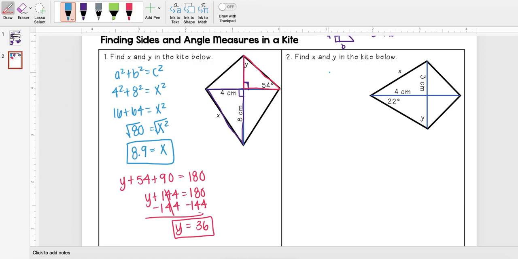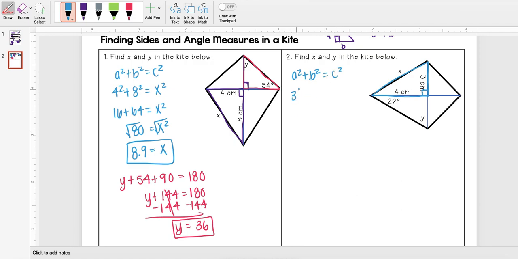Okay, let's try this process again. I want to find x and y in this kite below. X, again, is just my side. Since this is a kite, I know that my diagonals are perpendicular, so this is really a right triangle. So I can use the Pythagorean theorem for finding x.